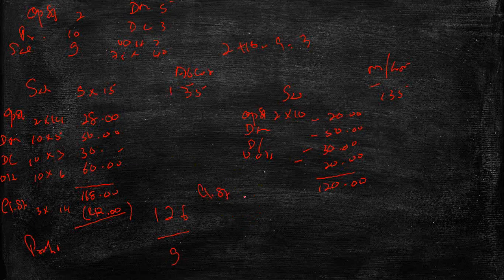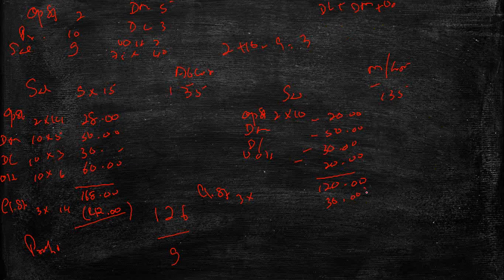Now the closing stock here will be valued at marginal cost. Marginal cost is 10. That is direct material, direct labor, and variable overheads, which is 10. So 10 into 3, we will value it at 30.